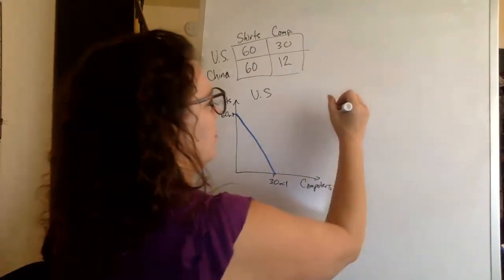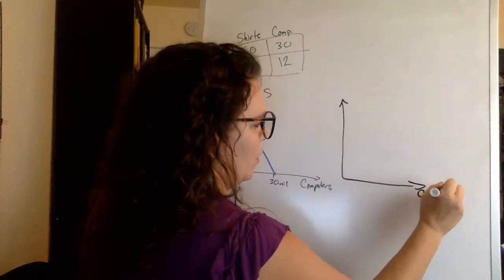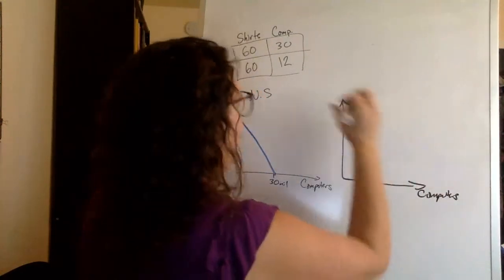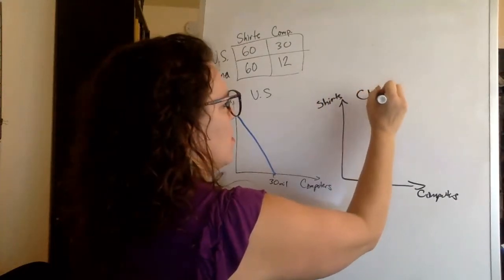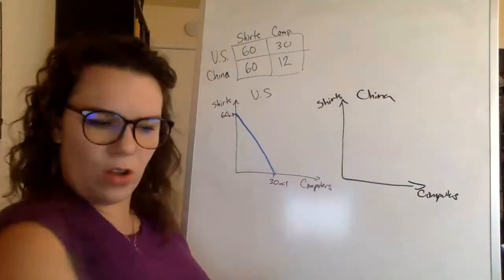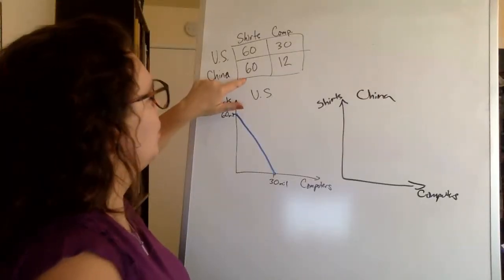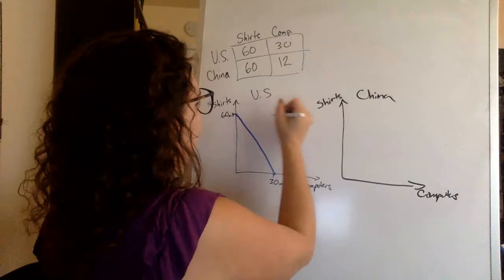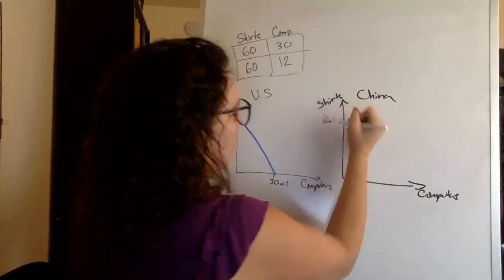Same thing for China. China can produce either computers or shirts. If all 1 million of China's workers produce shirts, they will also produce 60 million shirts.